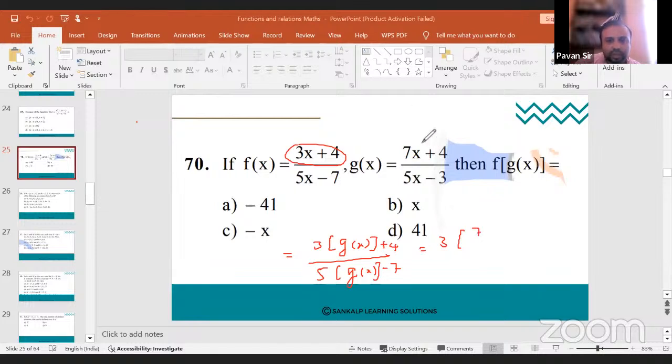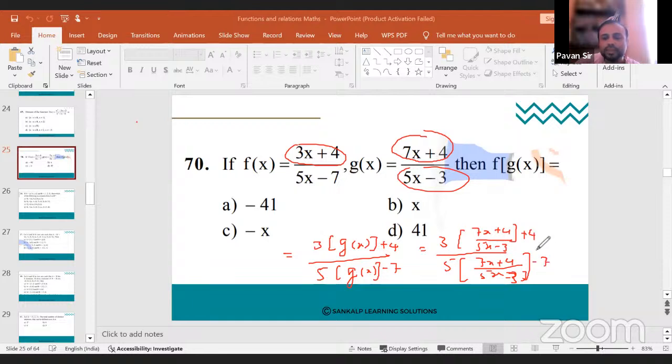First, in the numerator, that is 7x plus 4 upon 5x minus 3. Then the denominator: 5 into the bracket 7x plus 4 upon 5x minus 3, and after completion of this bracket, write it as it is, plus 4 and minus 7. Try to resolve this, you will get the answer.